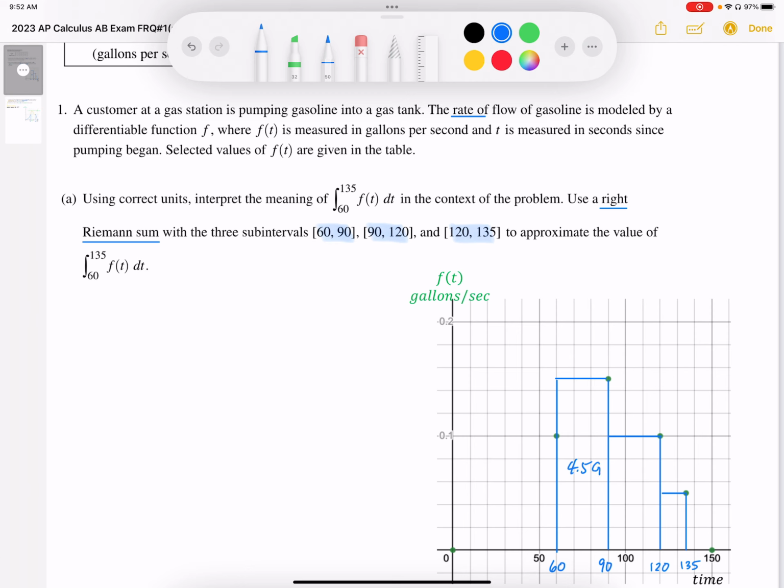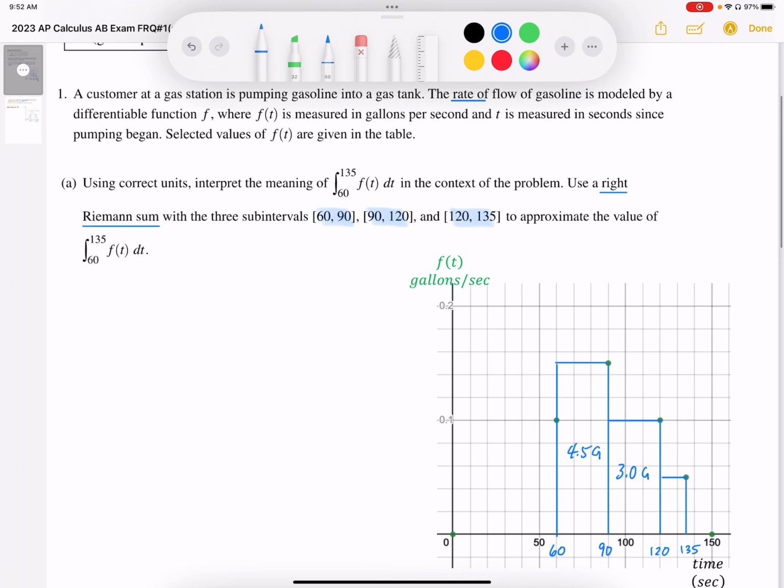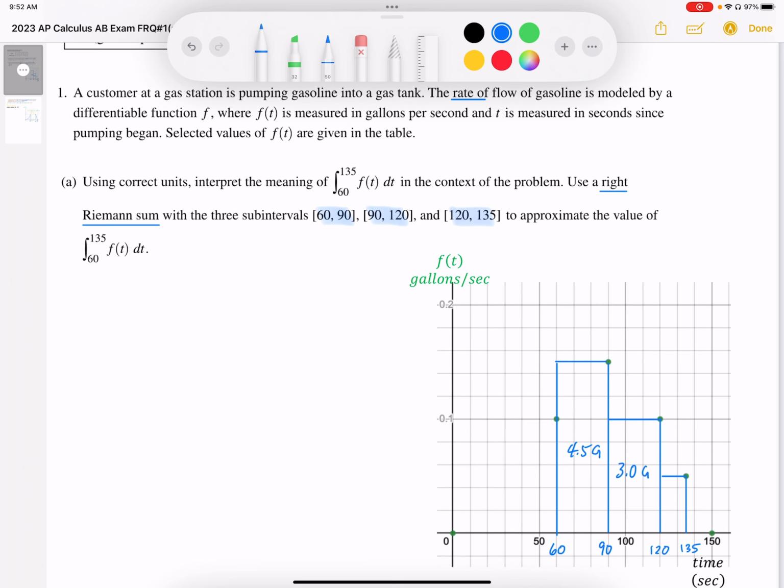Between 90 and 120, the width is 30 seconds, and the rate that we're going to use is 0.1. So we end up with 3.0 gallons. And then the last interval has a width of 15 and a height of 0.05.